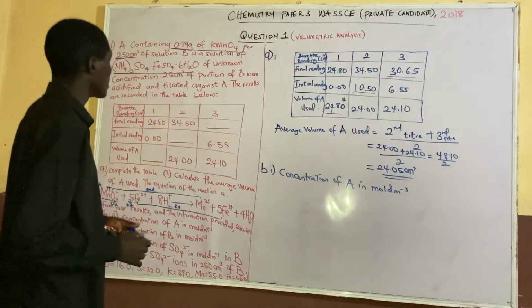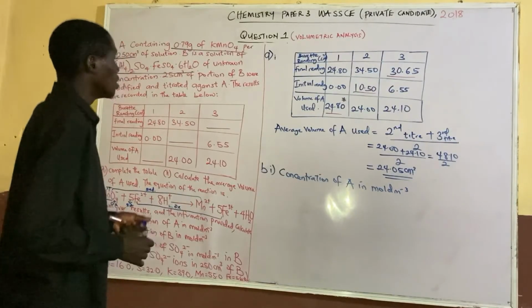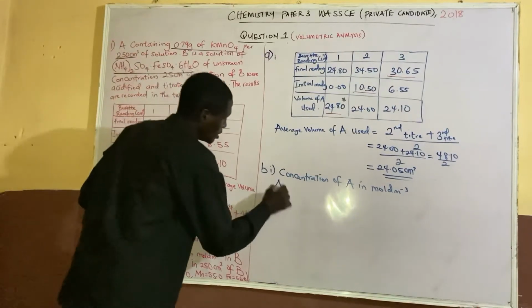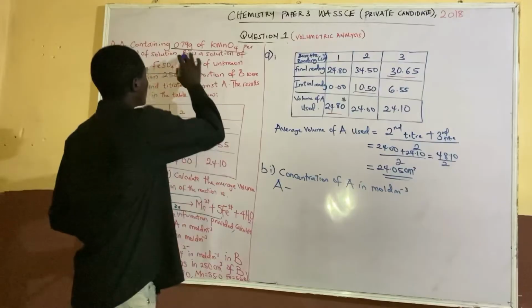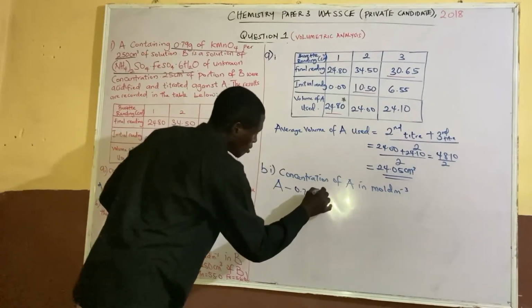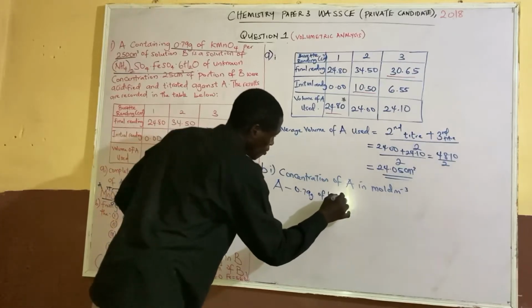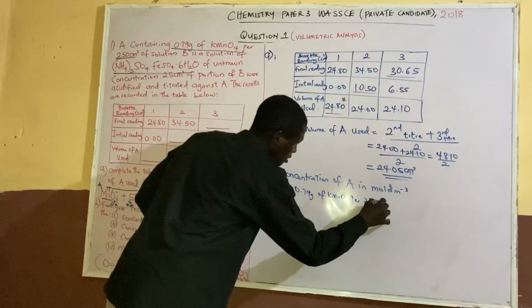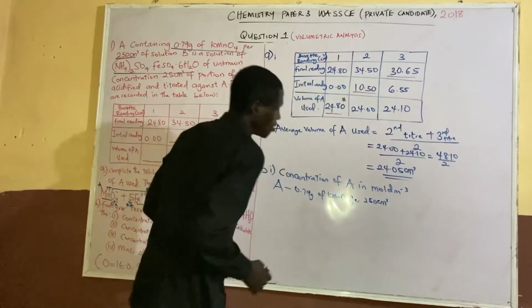So how do we go about that? Look at the parameters given to us in A. A consists of 0.9 gram of KMnO4 per 250 cm cubed.